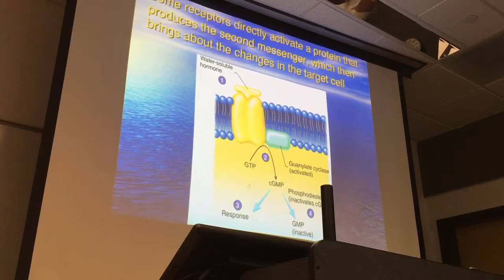Okay? So this is again water soluble, and that's the second messenger, cyclic GMP. But in this case, we had no G protein involved. The water-soluble hormone receptor complex activated the enzyme. There are many examples of each of these because there's a lot of hormones that have been studied.